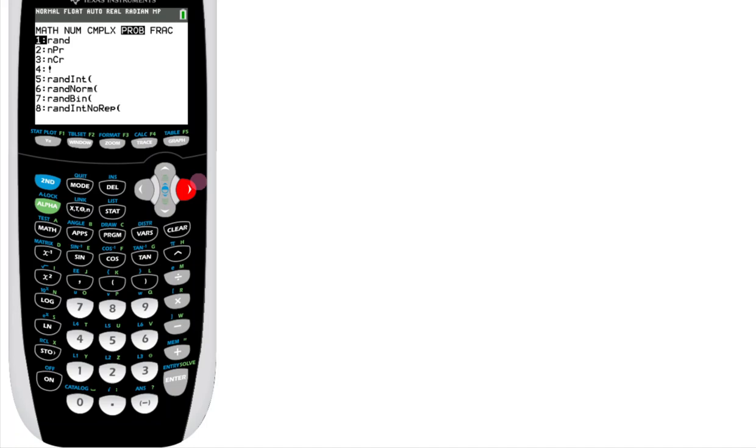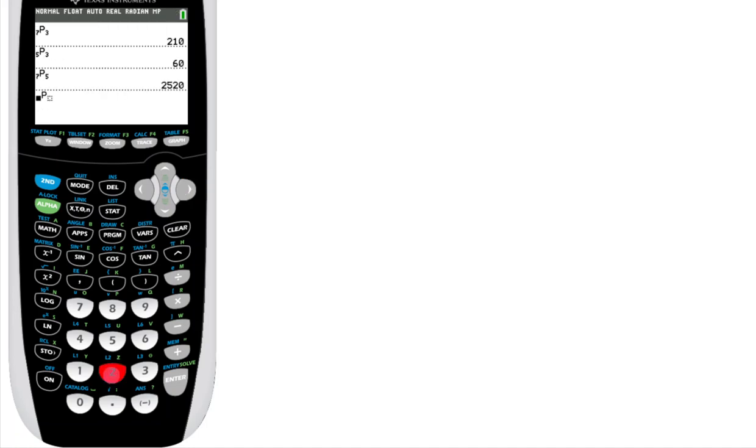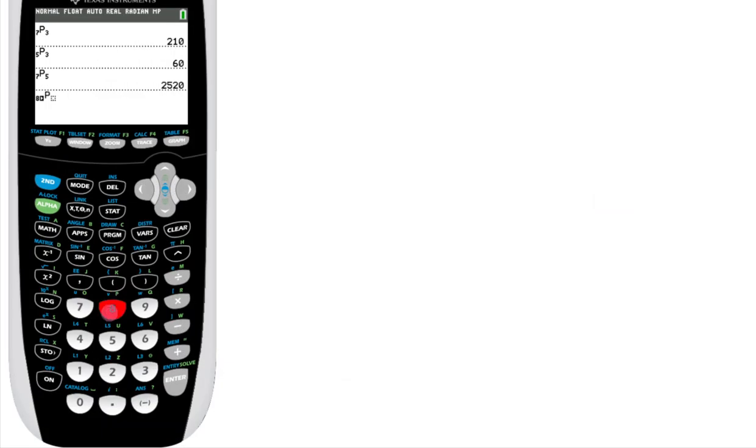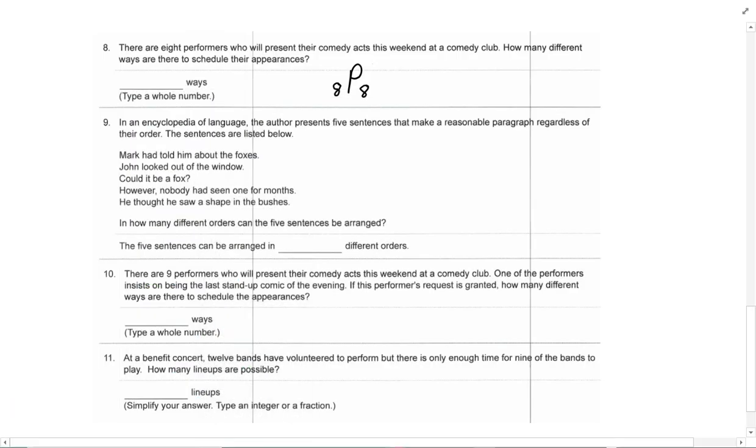Stopped that. We're going to choose number 2, and we are doing 8 taken 8 at a time. 8, right arrow, 8, and we get 40,320. So there are 40,320 different ways we could do this.